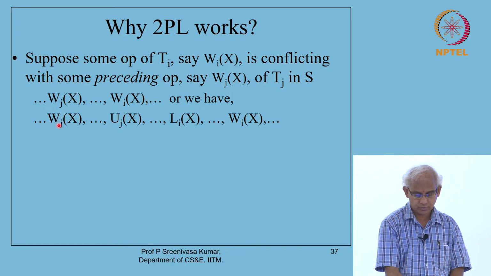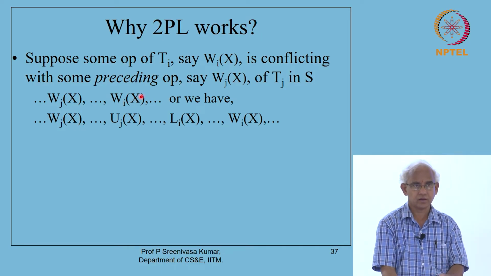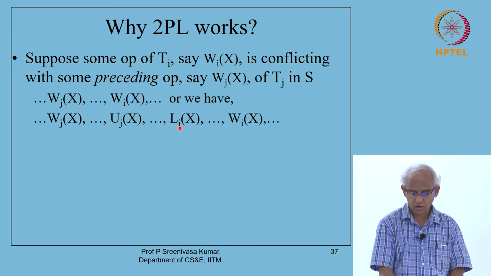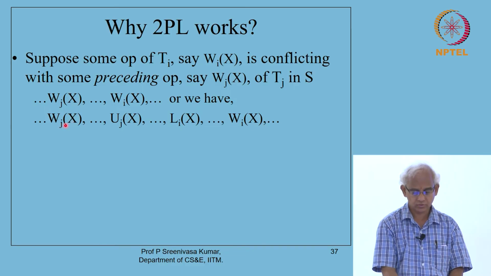Wj of x must have been followed by an unlock on x, only then can transaction Ti lock it and do a write on it. So Uj of x, the unlock of transaction j on item x, must have happened. After that, Li of x must have happened, only then Wi of x can happen. So this is how the sequence can be.